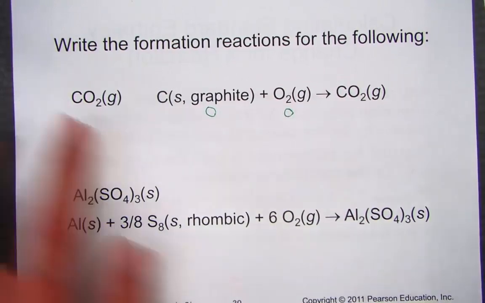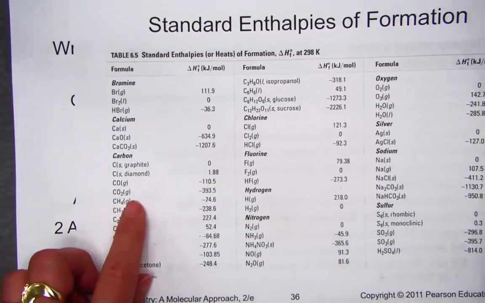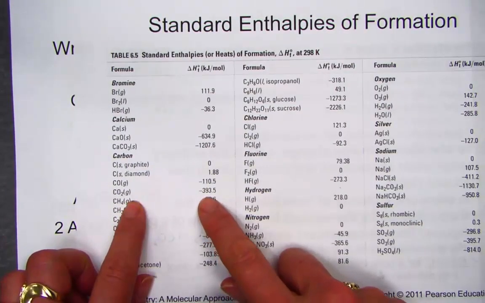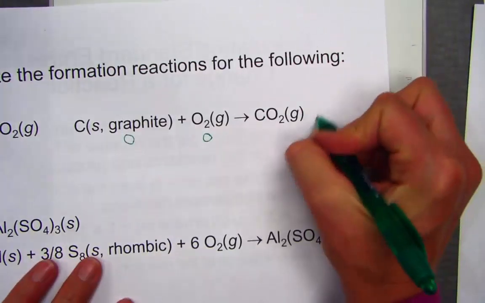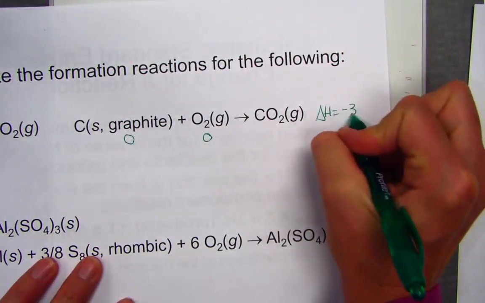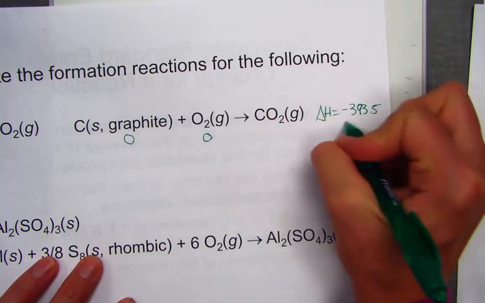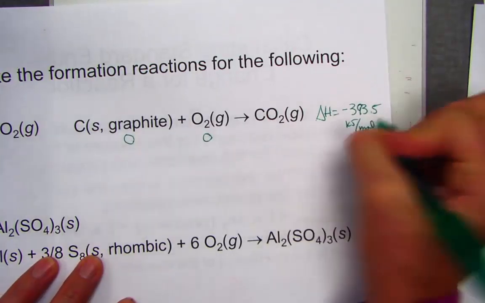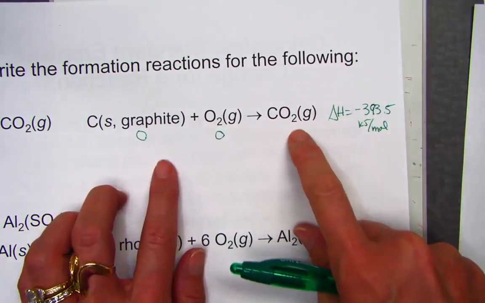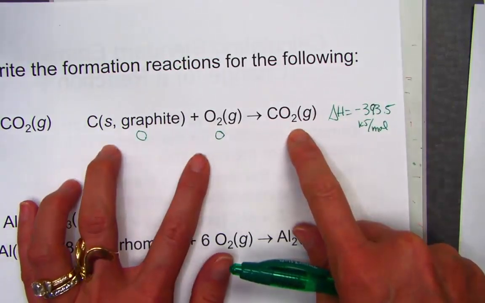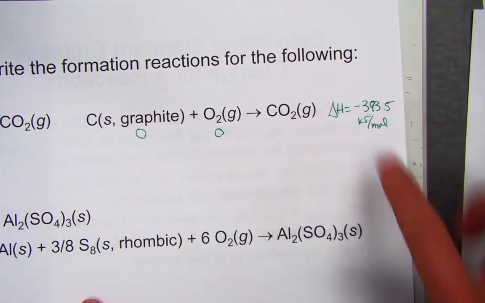And I can simply look up carbon dioxide in its gaseous form: negative 393.5 kilojoules of heat. Delta H would be negative 393.5 kilojoules per mole of CO2 formed. That's the carbon dioxide value built from its natural state elements. This thermochemical equation is exothermic.